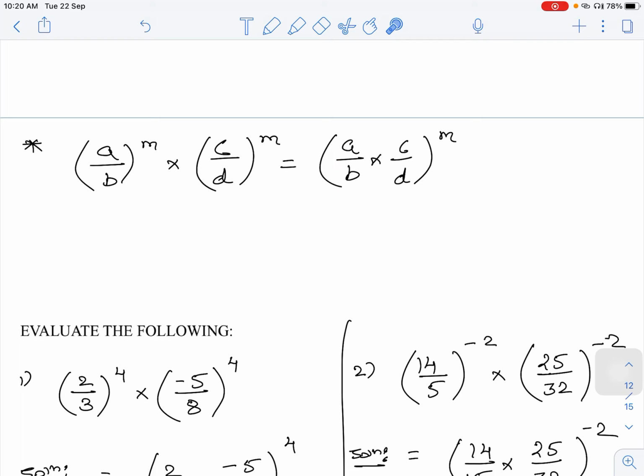In other words, if we have two numbers with different bases and the same powers, and they are multiplied with each other, then during such a time, we multiply the bases keeping the power as it is. Listen once again. When two numbers with different bases and the same power are multiplied, we are multiplying the bases and keeping the power as it is.